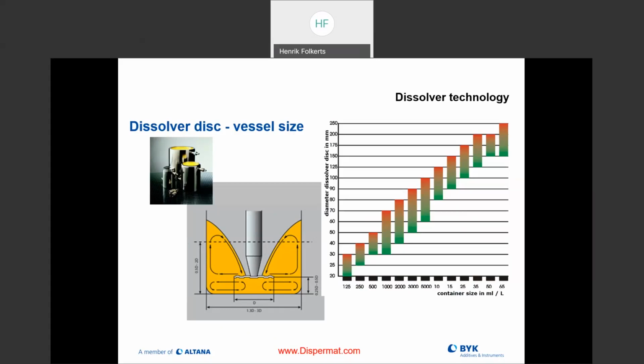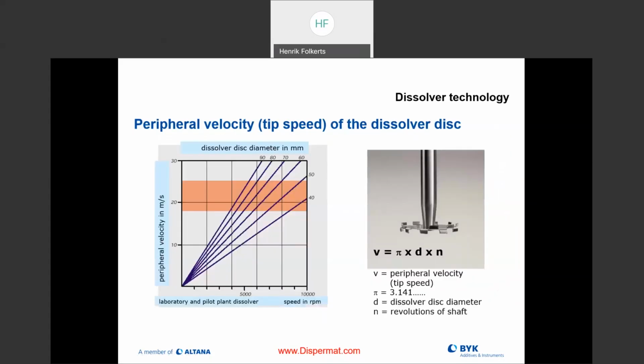So you can see that table on the right where you see the different vessel sizes and then the optimized dissolver blade diameter, and there is always a sweet spot, and it changes depending obviously on the type of material dispersing and so on.